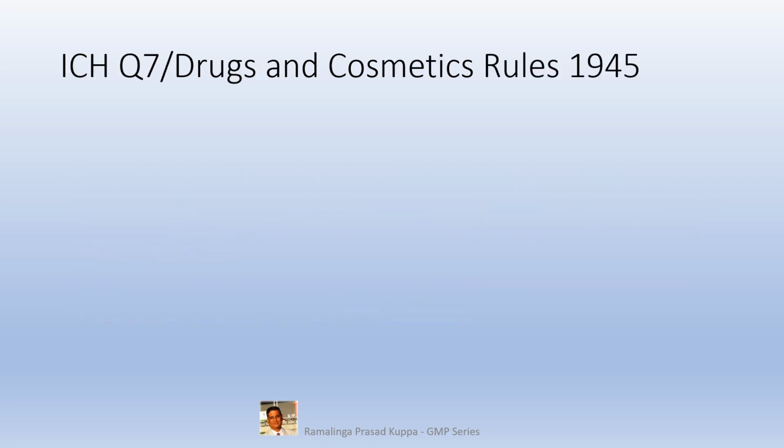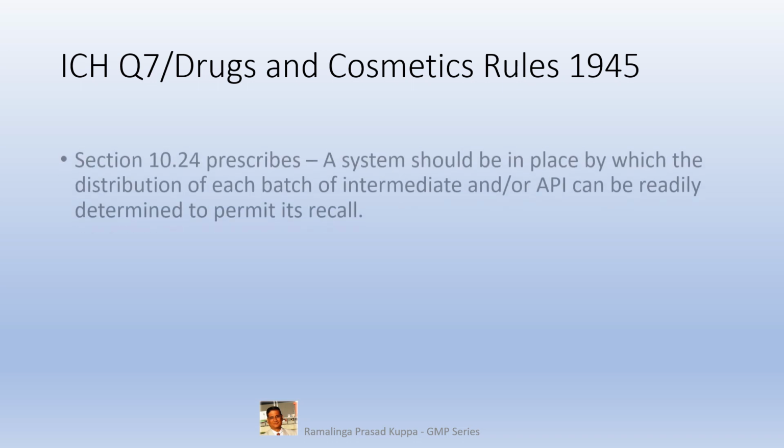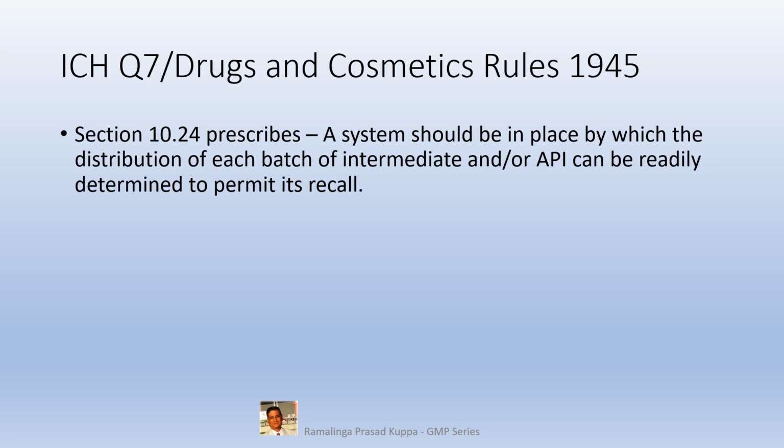Let us also see the prescription under ICH Q7 guidelines for APIs and intermediates and Drugs and Cosmetics Rules 1945. Section 10.24 of ICH Q7 prescribes a system should be in place by which the distribution of each batch of intermediate and/or API can be readily determined to permit its recall.